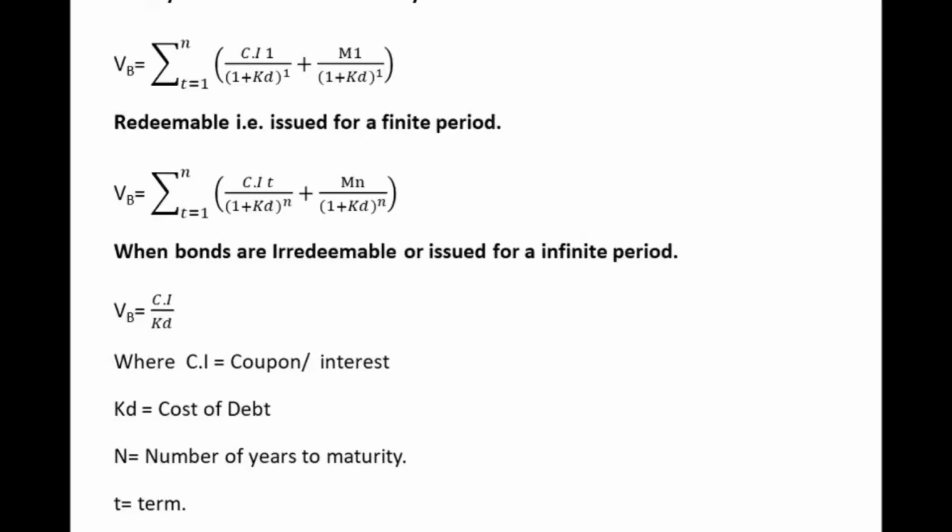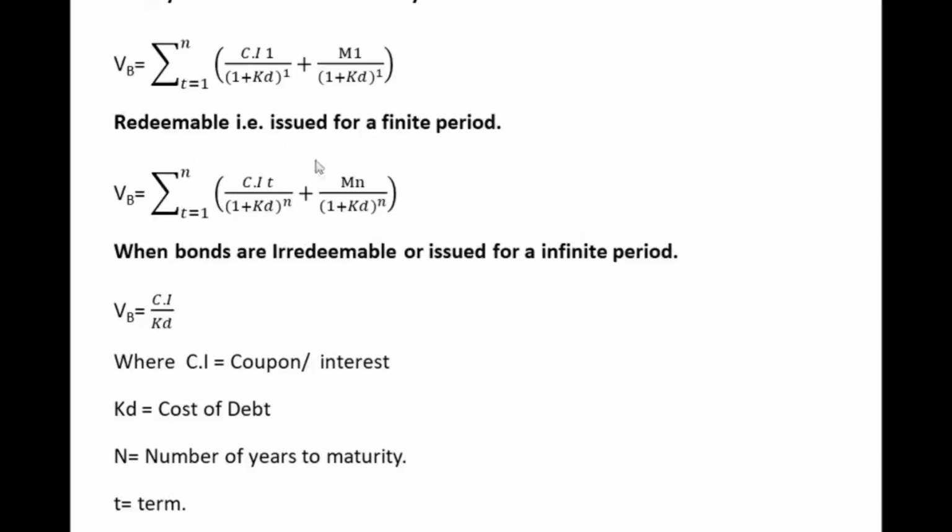So basically in valuation of bonds, we are trying to determine the value which we will receive after a set period of time in future. The present value of that amount is determined using this formula. That's why you will see that for all the formulas we are discounting them. Why are we discounting them? Because we need to know the present value of those future returns.